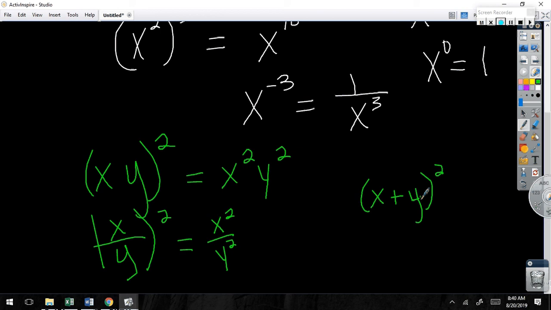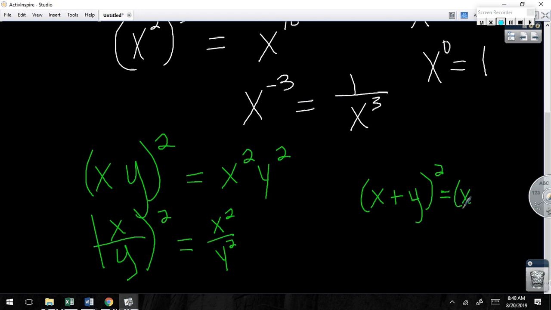If you're adding inside, you can't distribute. What you have to do, you have to write it twice and then FOIL it out. So be careful. Be very, very careful.